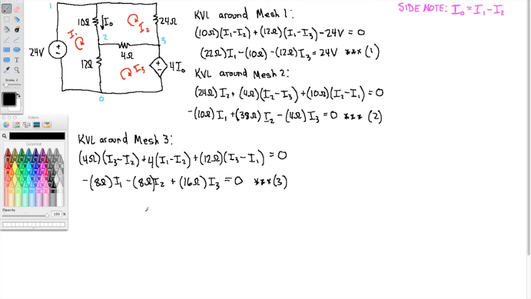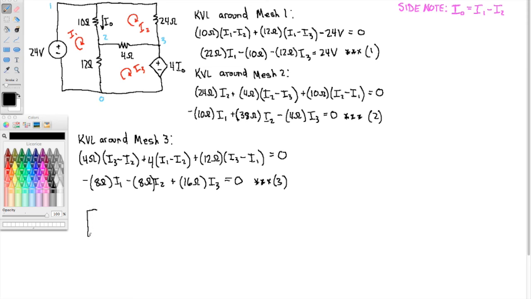But we have 3 equations here, and so you can try to solve this with your elimination method. But we're going to put this in a matrix, and we're going to use reduced row echelon form, similar to what we did with nodal analysis.